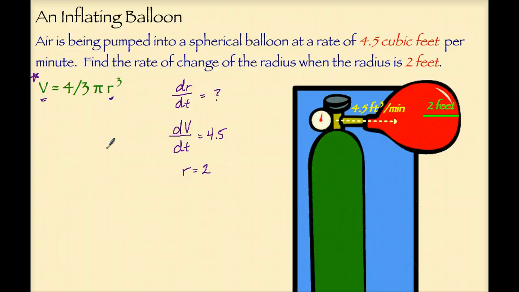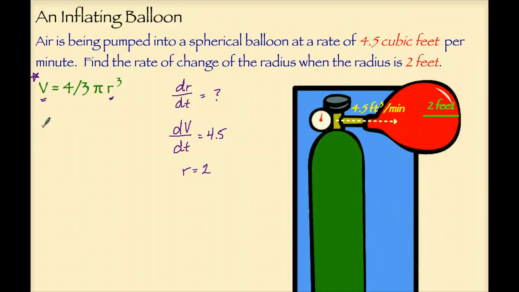And that's all we need, something that relates the variables to each other. We can differentiate this formula and find the quantity that we're looking for. Now, in this formula, there are two variables, volume and radius, and they're both changing with respect to time. 4/3 and pi are constants, and so they simply function as coefficients here.